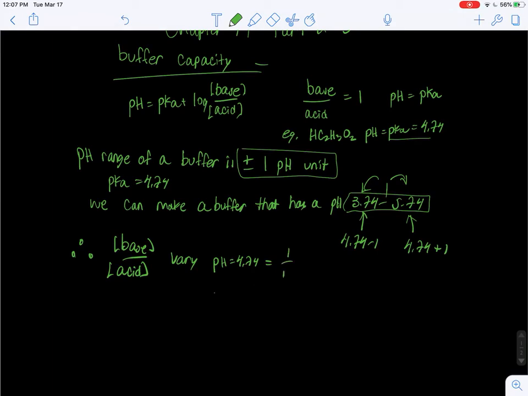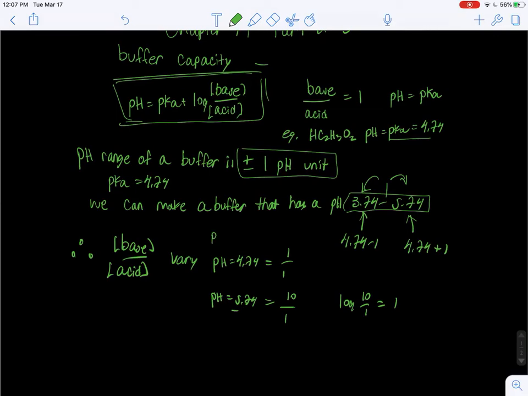And for pH 5.74, that's a higher pH, which means more base. It's going to be a 10 to 1 ratio, okay? Log of 10 to 1 is 1, right? So if you plug it into the Henderson-Hasselbalch equation up above, you'll have 4.74 plus 1.